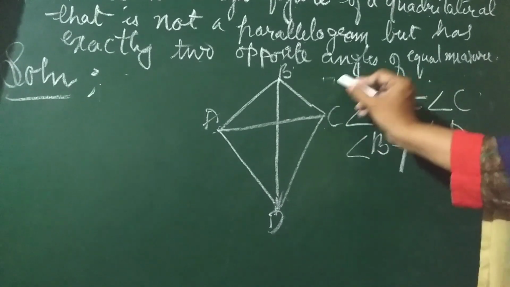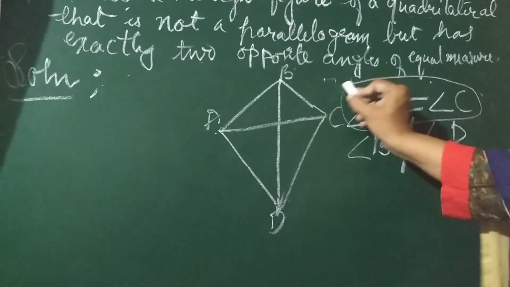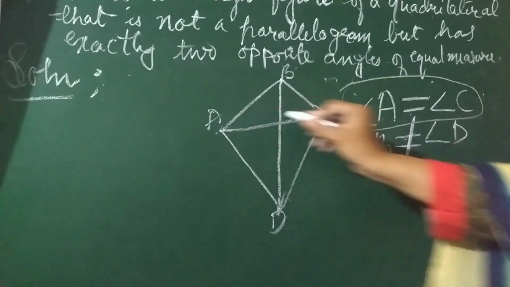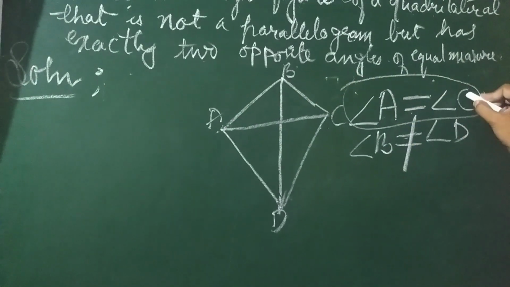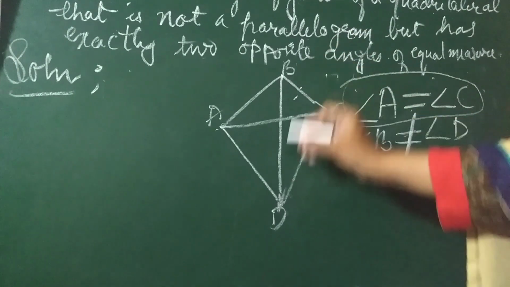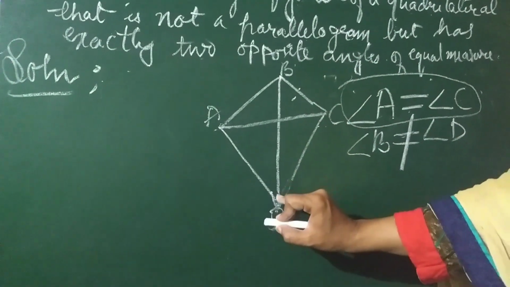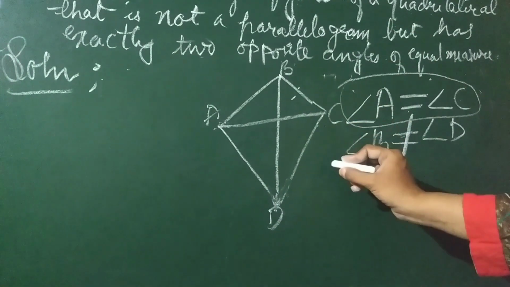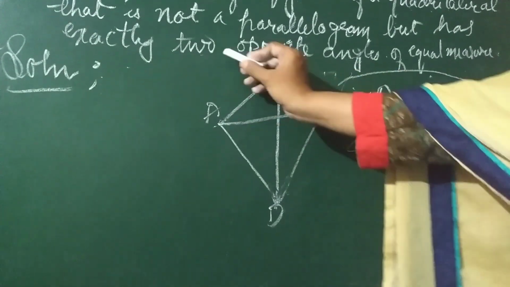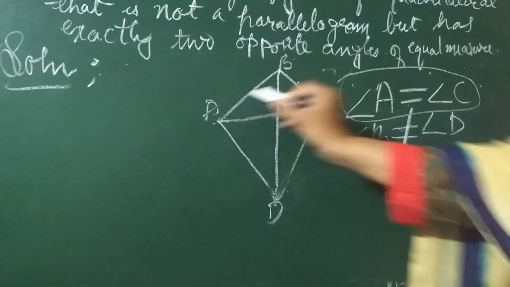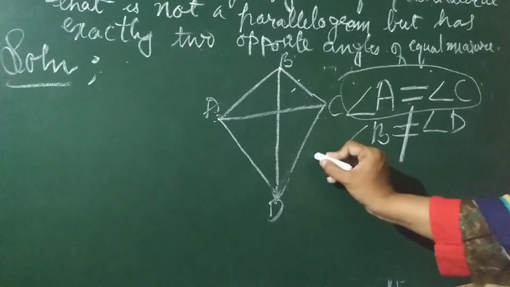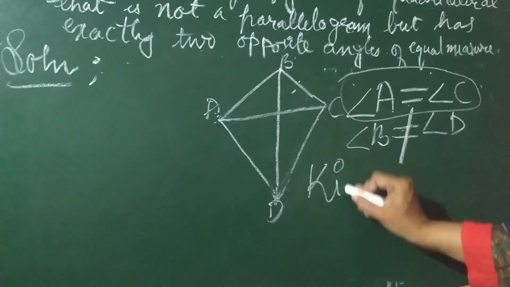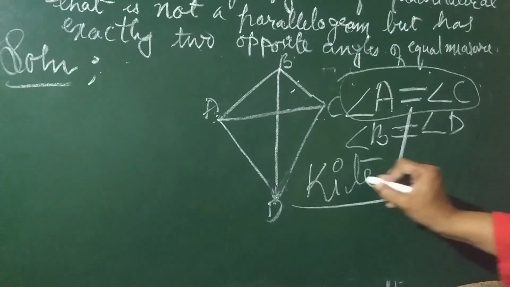So there is one pair of opposite angles which are equal, that is angle A equal to angle C. So this is the quadrilateral other than a parallelogram which has two opposite angles of equal measure. These are the two angles A and C which are equal in measure. This figure is a kite.